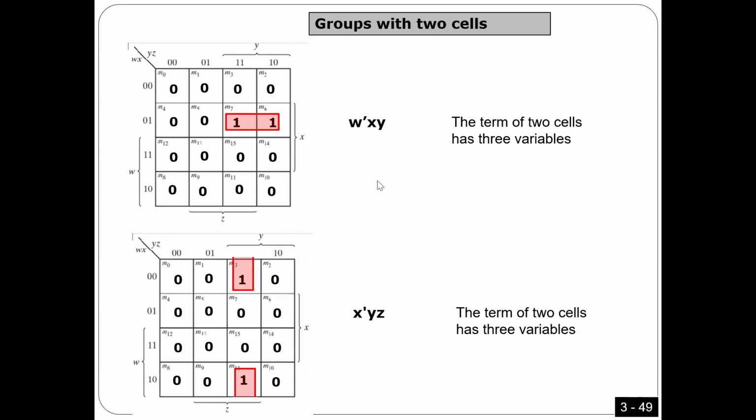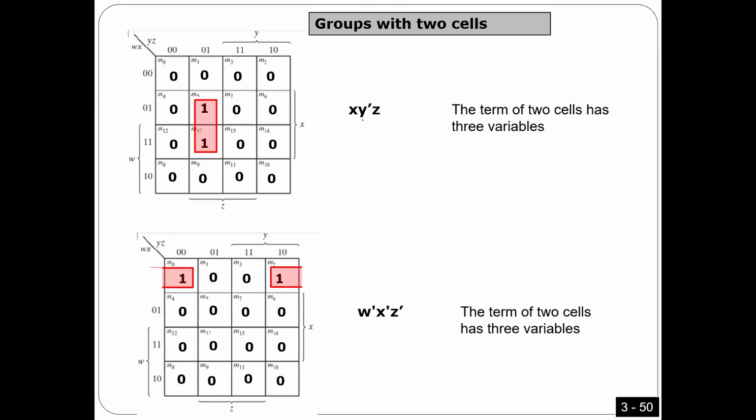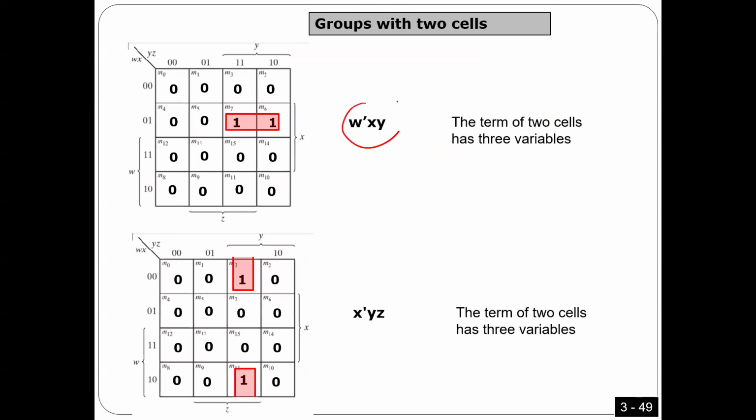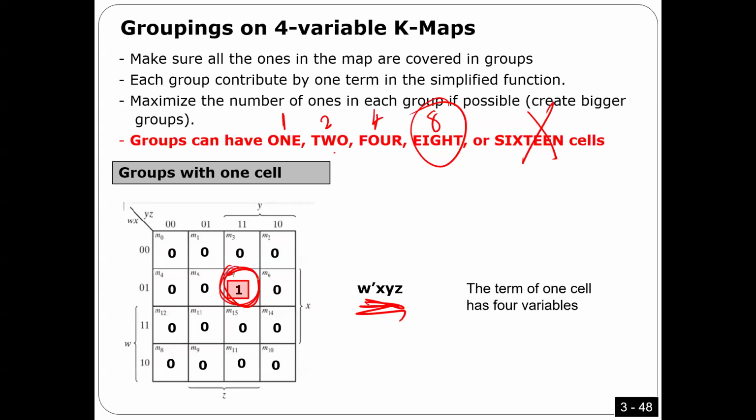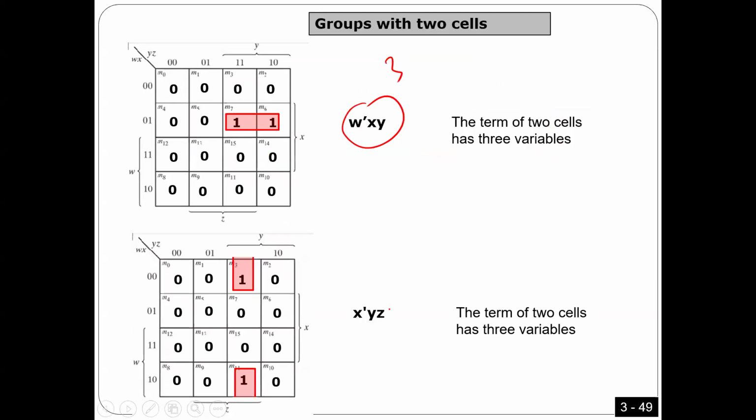If you group 2 neighbors together, you are going to have a term that has 3 variables. If it is only one cell or one square, you're going to have 4 variables in this term. If you can group 2 neighbors, and you already know what I mean by neighbors, these 2 ones here are neighbors. So in this case, the term is going to have 3 variables. Is that okay? How can you find the 3 variables here?